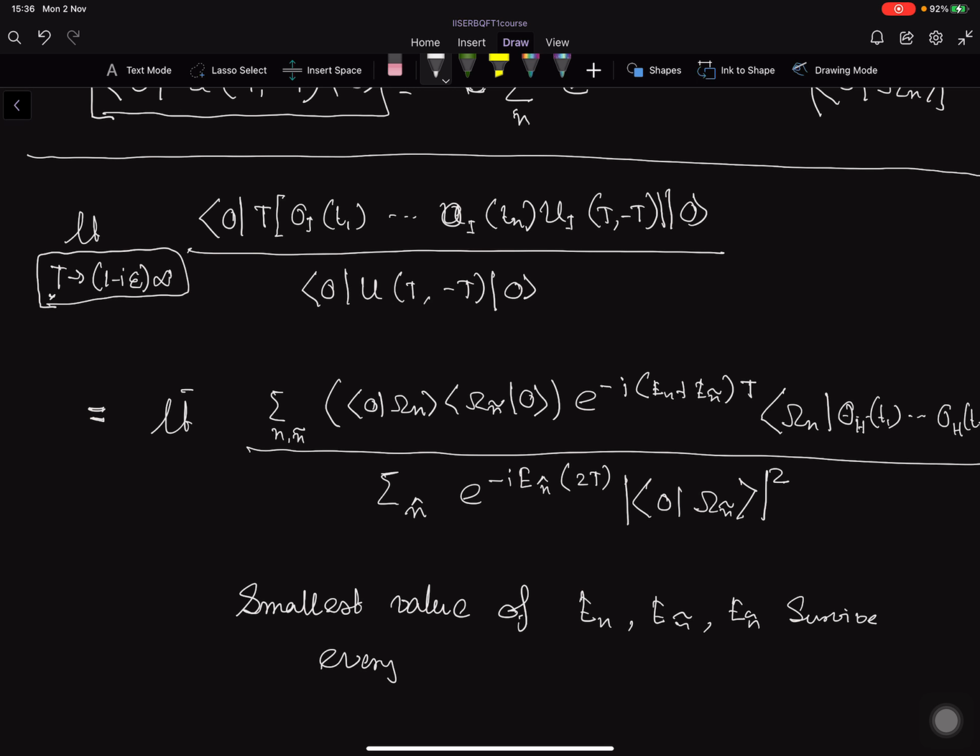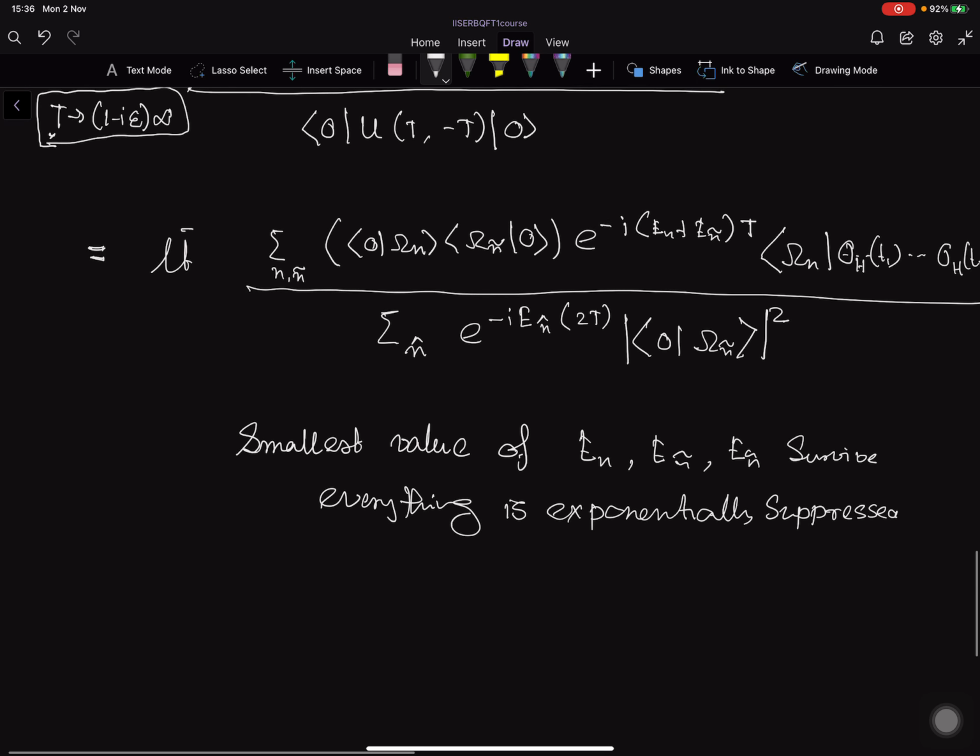Everything else is exponentially small. Which means that in that limit, n tilde and n hat, all of them become the ground state.